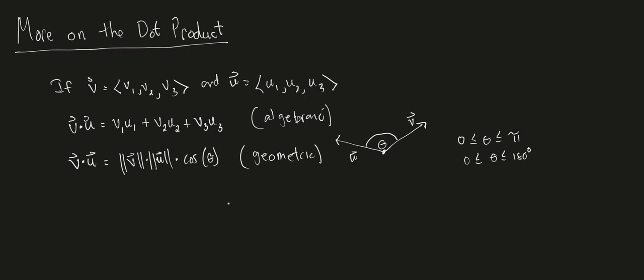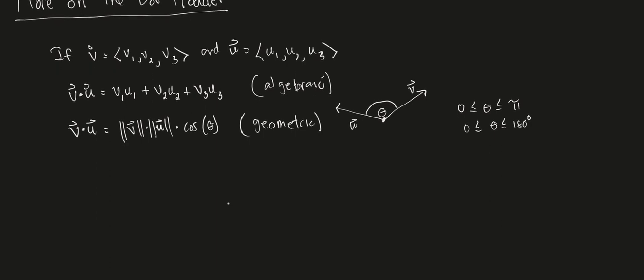So let's take a look at, as we range from 0 to 180, how the vectors are actually positioned, and then we will see what that means about the dot product.